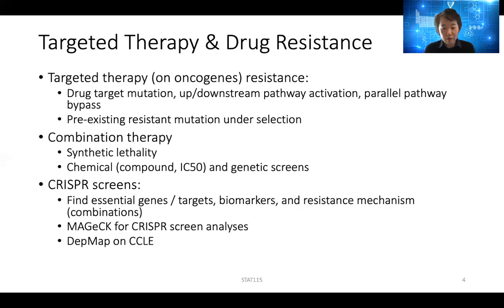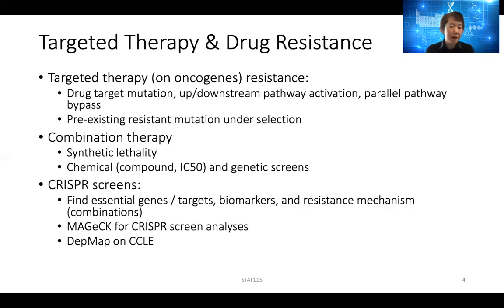Either they can get this for free, or they can have insurance pay for it. And some of them want to pay their own money to do the tumor profiling, look at the mutations, and based on that mutation, identify the right drugs to treat the patient. And this really epitomizes precision medicine.